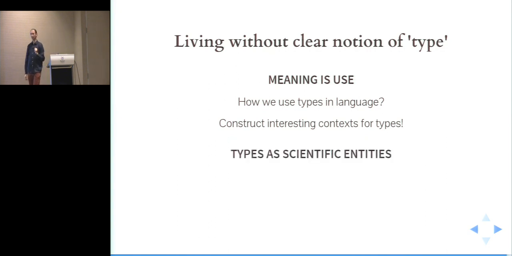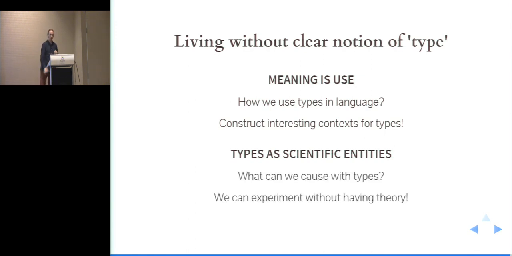Now the other approach is to treat types more as scientific entities, and there's a bit more on this idea in the essay if you want to have a look later. In science, people try to understand what is a scientific entity like an electron.